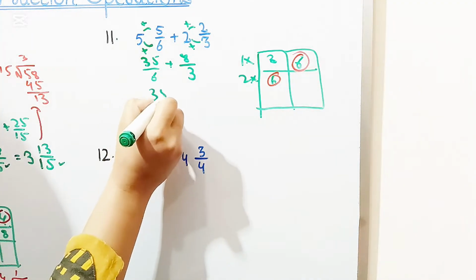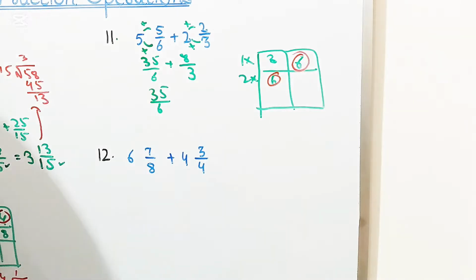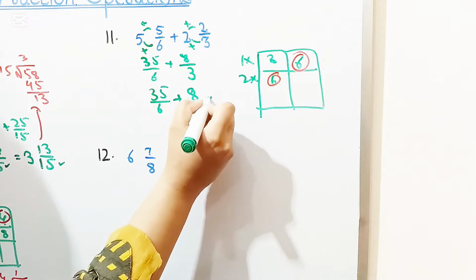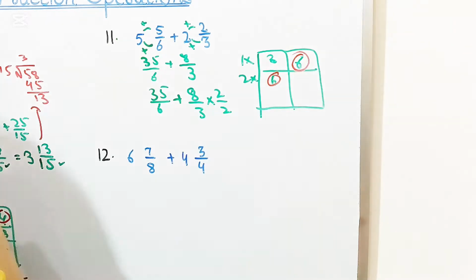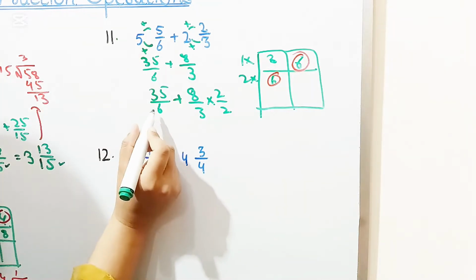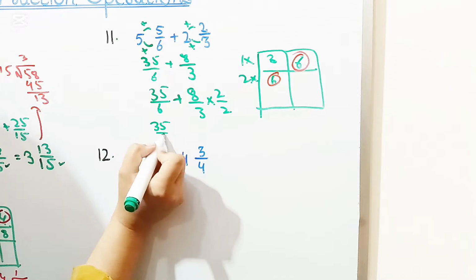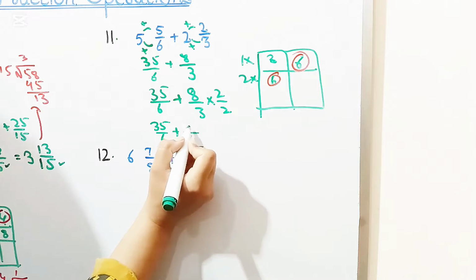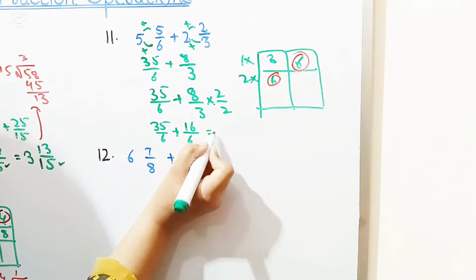35 over 6 is the same, we don't need it. 8 divided by 3, multiply 2 by 2. 35 over 6 plus 8 2s are 16.